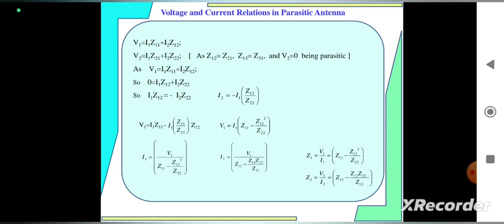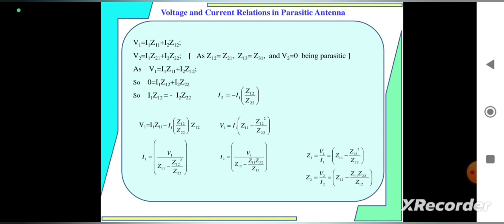Next, substitute the I2 value in the first equation. V1 is equal to I1 Z11 minus I1 into Z12 divided by Z22 into Z12. V1 is equal to I1, taking I1 common outside, Z11 minus Z12 square divided by Z22.